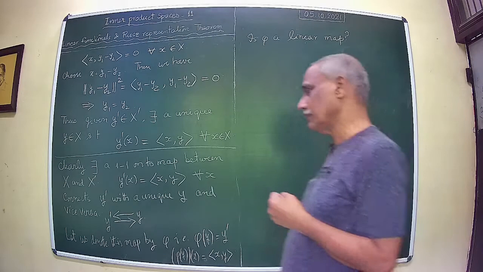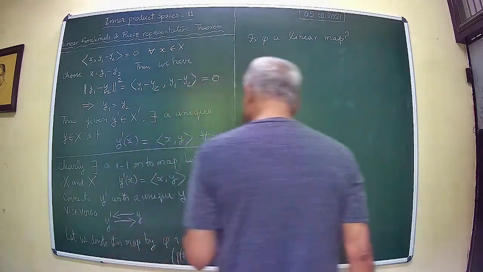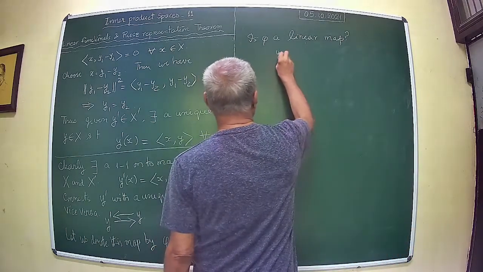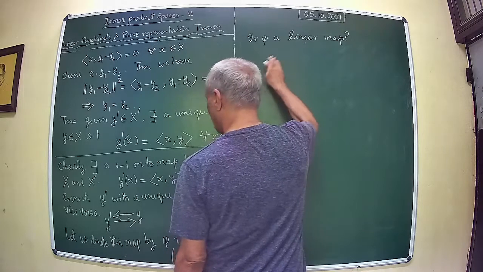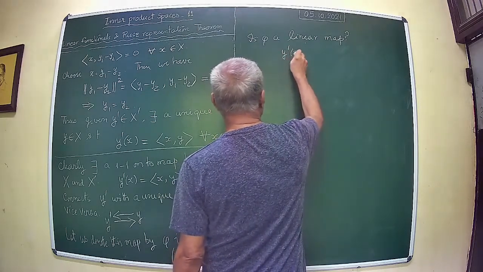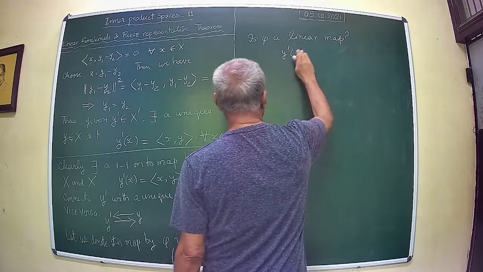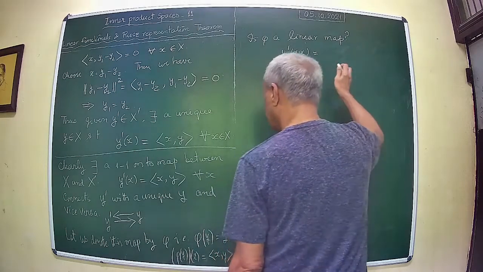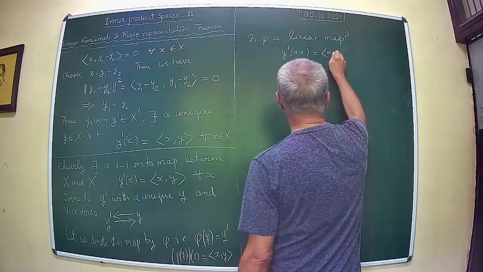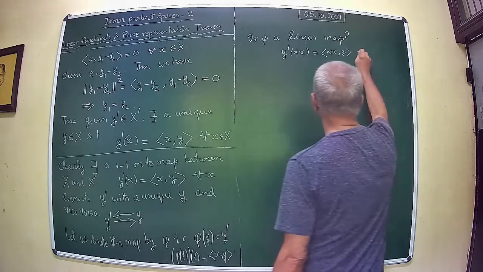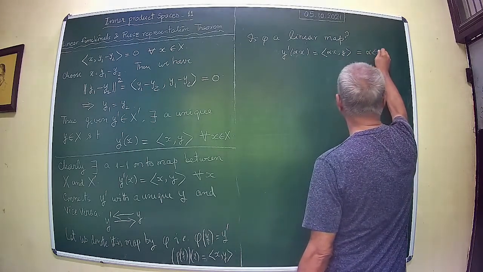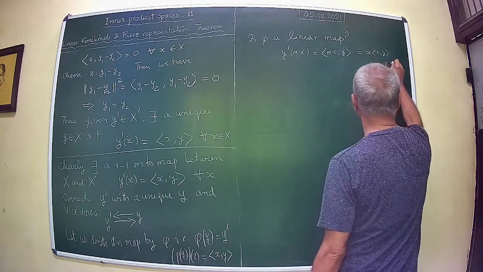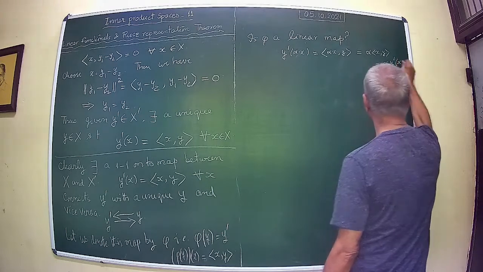For that we observe the following. We observe that phi prime, okay, y prime of x, which is equal to alpha times y prime of x. That is true.